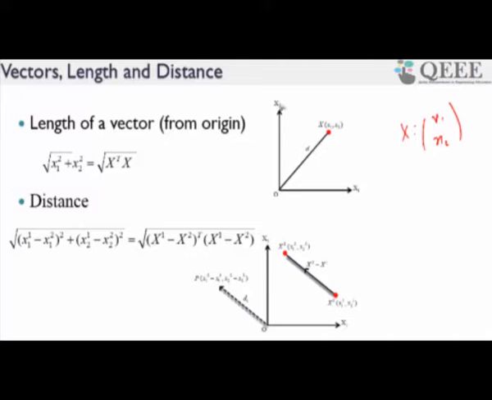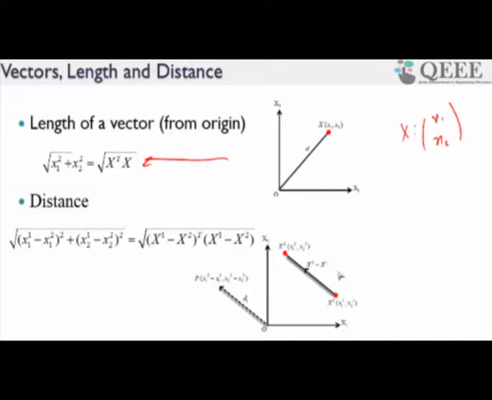If you have x1, x2 axes, this data point is sitting here, which is x1, x2. The distance from the origin is a straight line that you connect, and the length of this straight line will be the distance. The formula for this is root of x1 squared plus x2 squared, which can also be written as root of x transpose x. Okay. So this is the distance of a point from the origin.